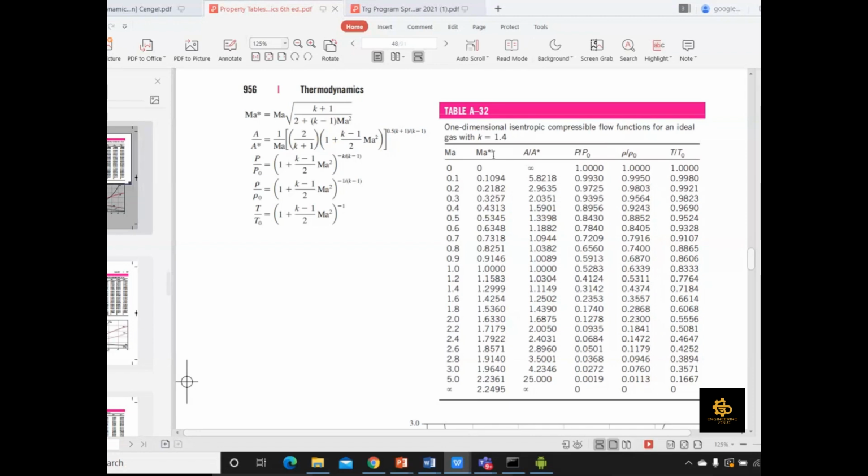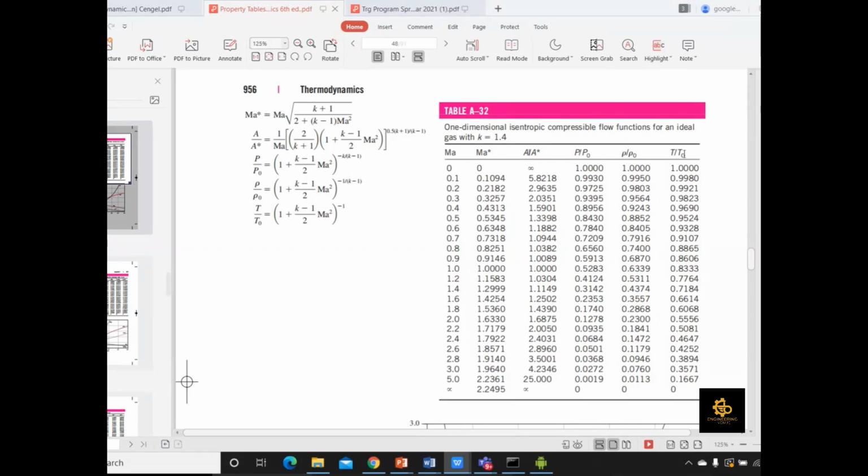Then A by A star, where A star is the critical area. Then P by P naught, where P is your exit pressure and P naught is the stagnation pressure. Then rho over rho naught.